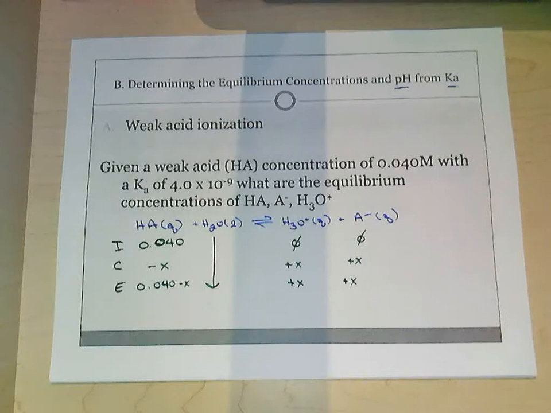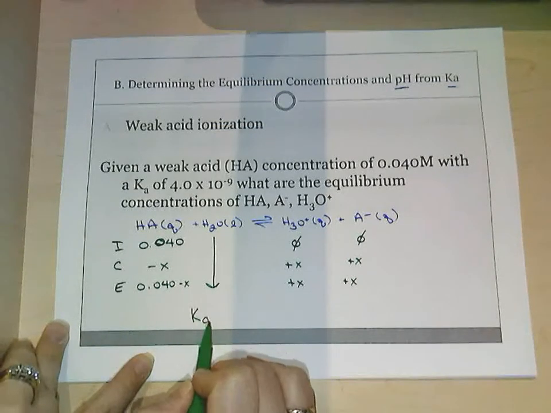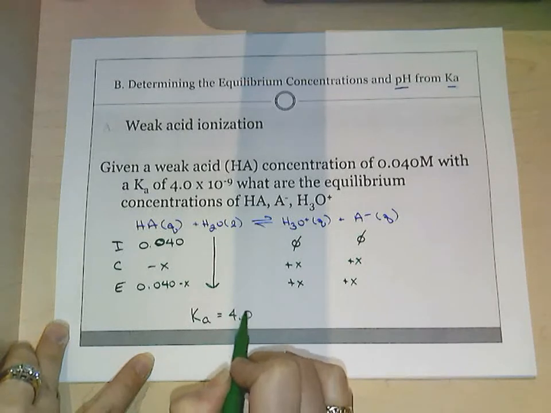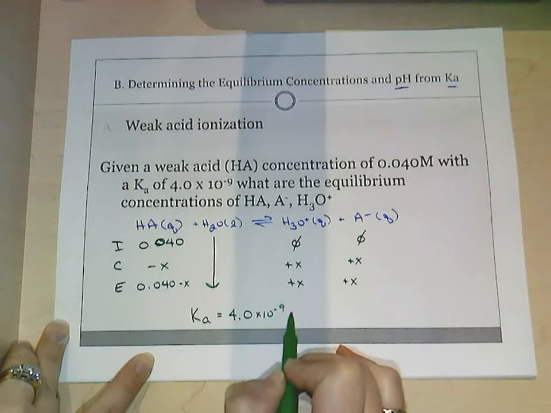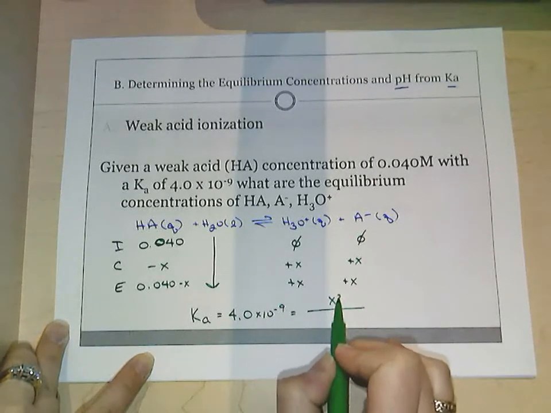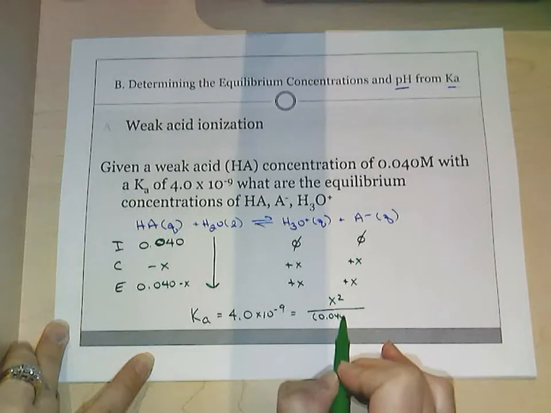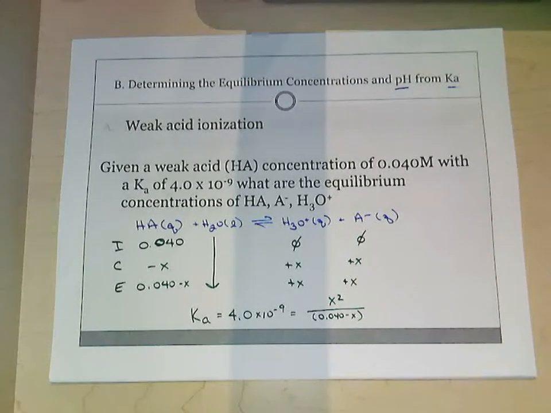All right, so far so good. So then I could write out my equilibrium expression. Right, that's all true based on all the stuff we've done like a million times now. If I wanted to solve this, how would I go about solving it?